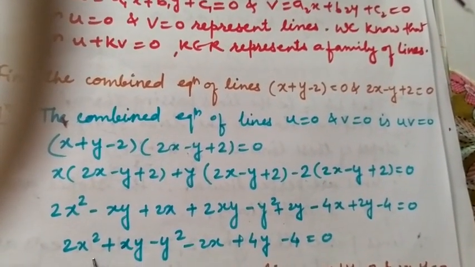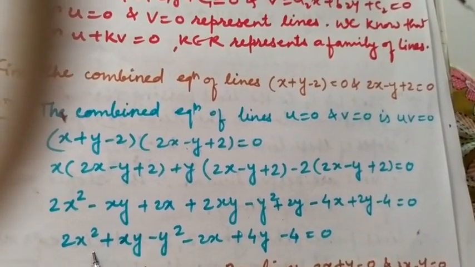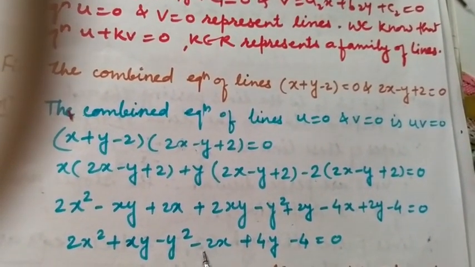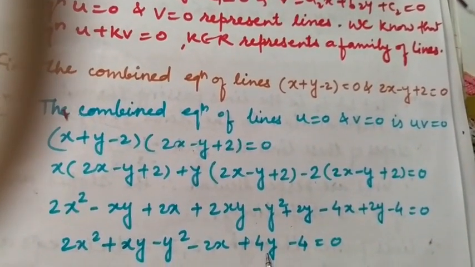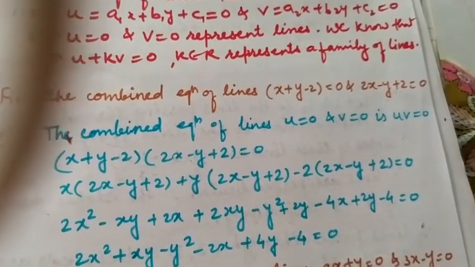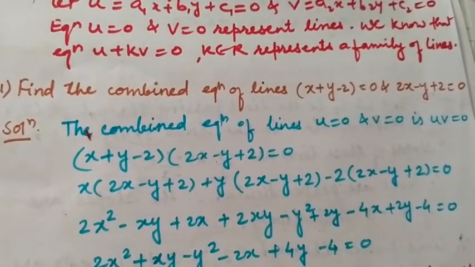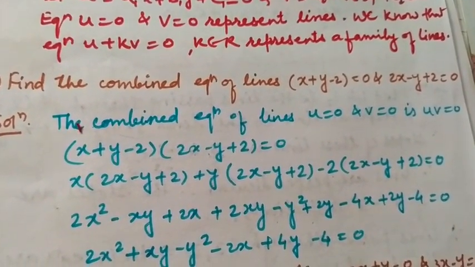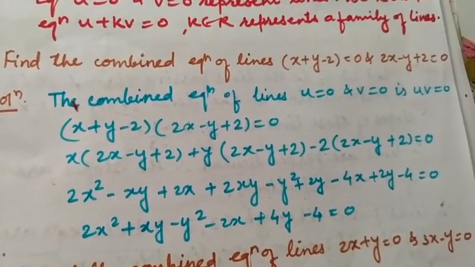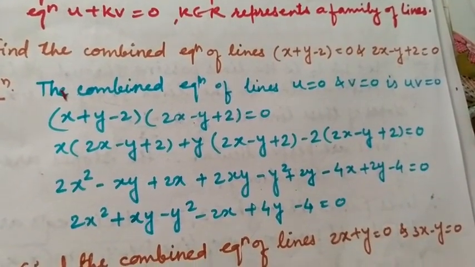After the simplification we will get 2x square plus xy minus y square minus 2x plus 4y minus 4 is equal to 0. This way we find the combined equation of the given lines. This is one of the examples.